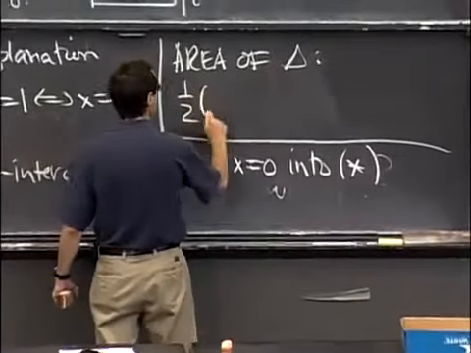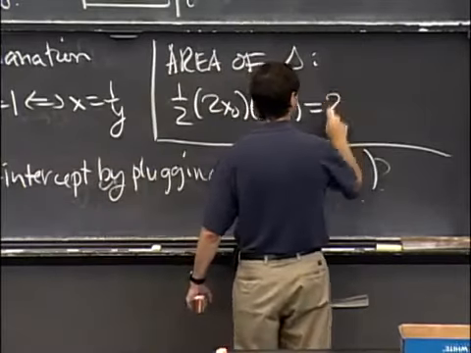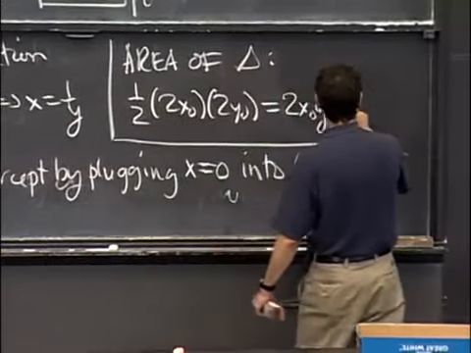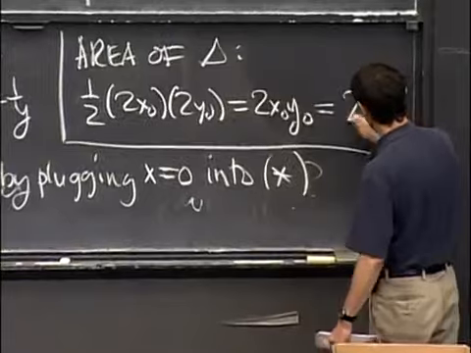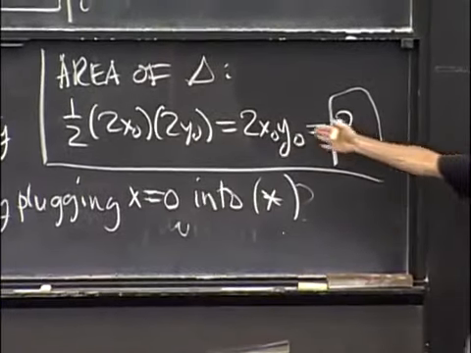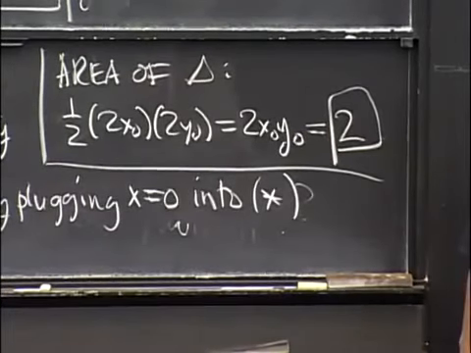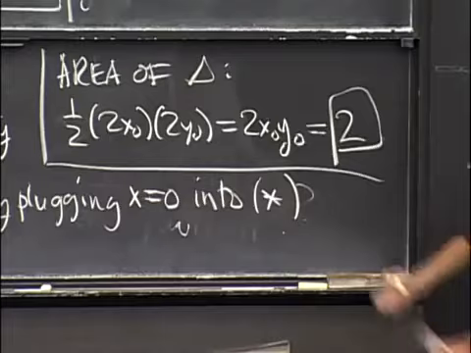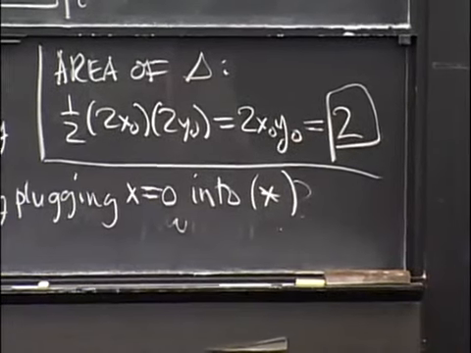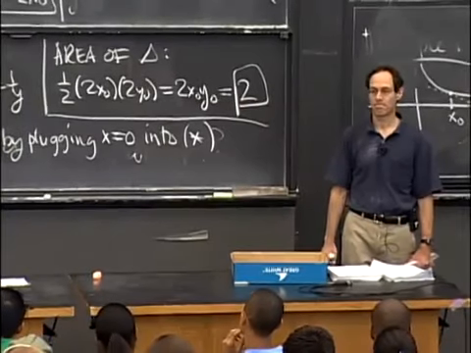So it's a half 2x0 times 2y0, which is 2x0 y0, which is, lo and behold, 2. So the amusing thing in this case is it actually didn't matter what x0 and y0 are. We get the same answer every time. Now, that's just an accident of the function 1 over x. It happens to be the function with that property.